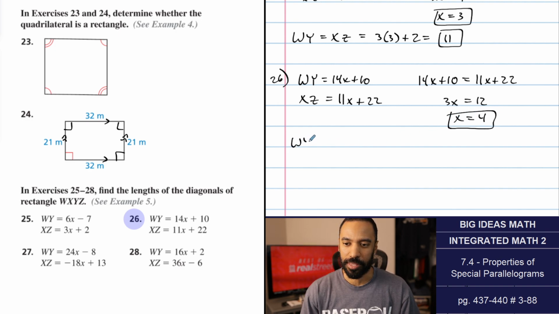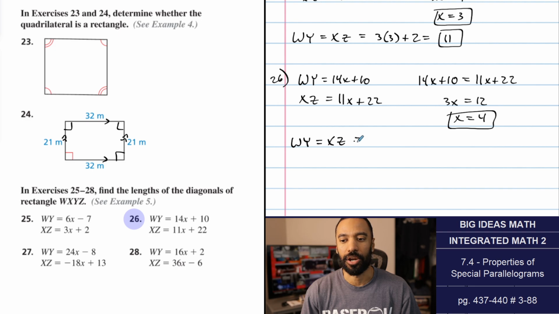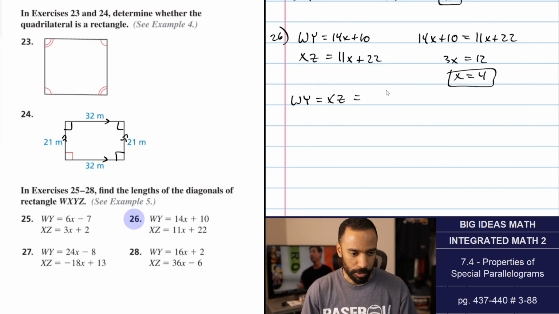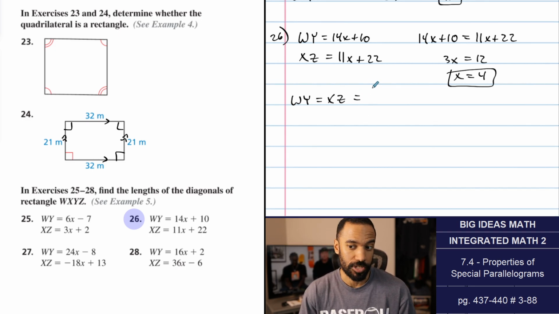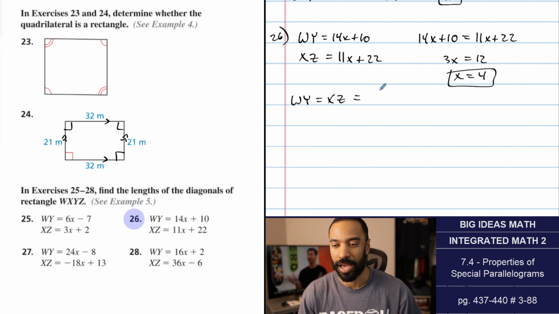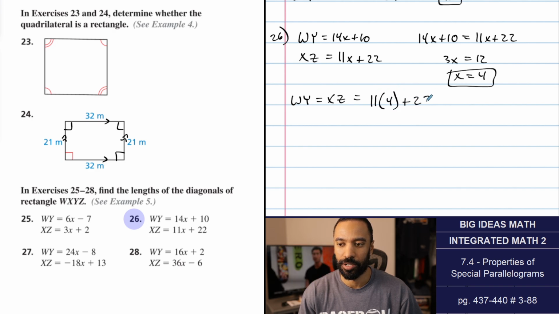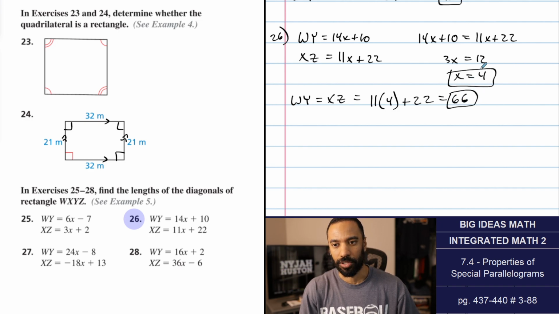WY and XZ are going to be the same length here. So there's a lot of redundancy in these. It's simple algebra, set them equal and solve. Unless there's something complex about the algebra, like quadratics and fractions. So let's do 11. I'd rather do 11 times 4 than 14 times 4. Looks like that's 66. Those are long diagonals, I tell you.